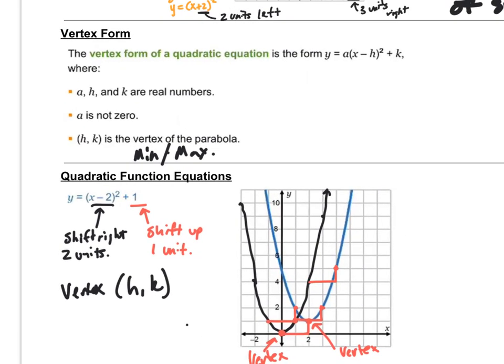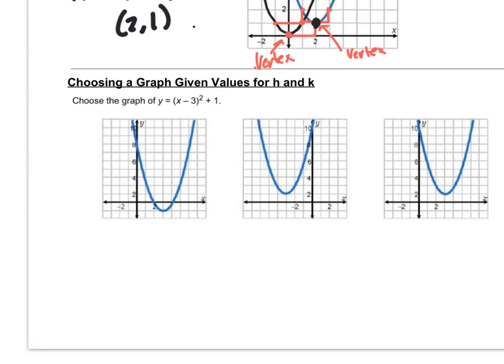If I look at x minus h plus k, h is just the value that you have there. The vertex is 2, comma 1, and that's it. That was my vertex on this graph. So all we're doing is just shifting and moving them around, guys.